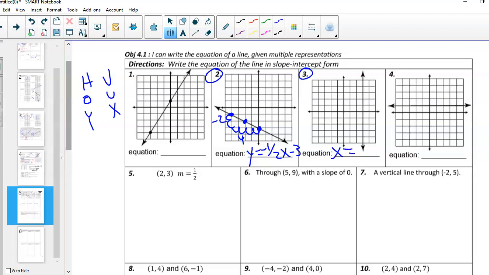X equals 3. When I said that was the slope, I was talking to Ariana. So pay attention to what it's asking you to find. Some of them want slope, some of them want you to graph it, some of them want the equation. All of them don't want the same thing.